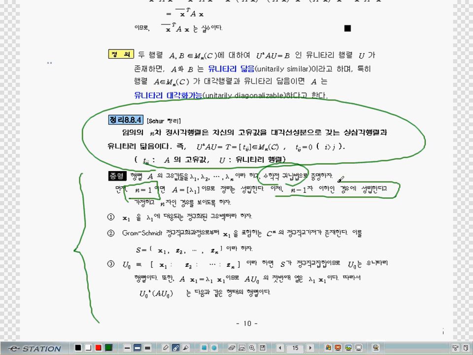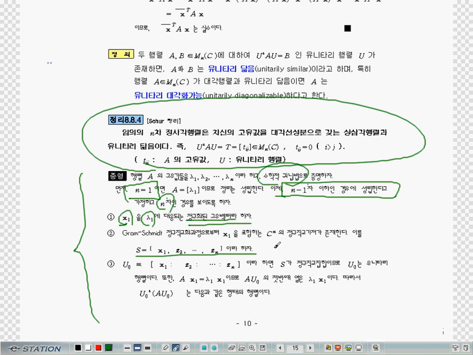Suppose it works for any matrix of size n-1 by n-1. Then we show it for the n by n matrix. Let lambda 1 be the first eigenvalue that you choose. Then there is a corresponding eigenvector that we normalize and call x1.